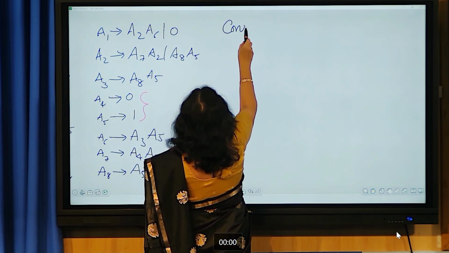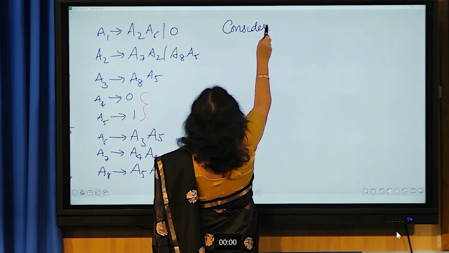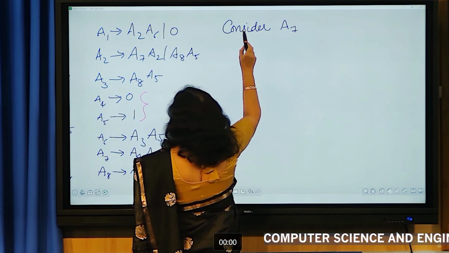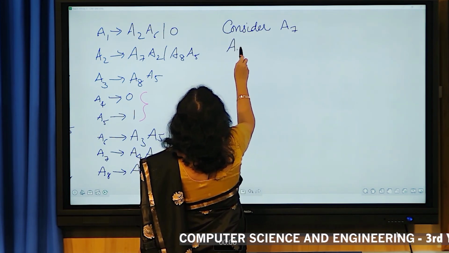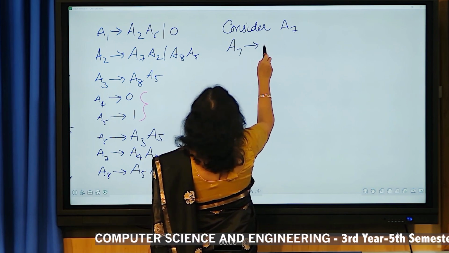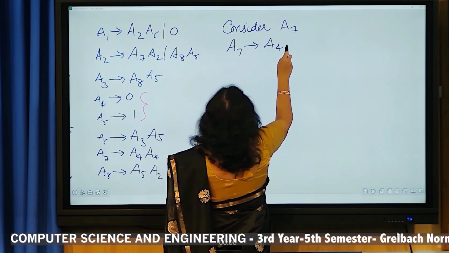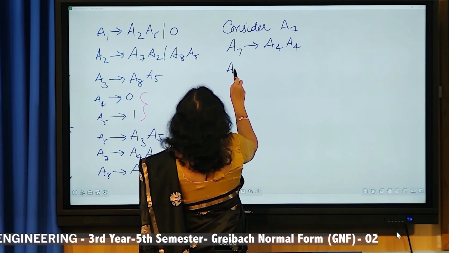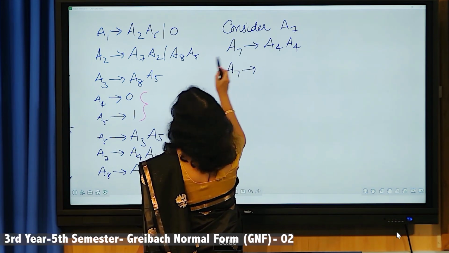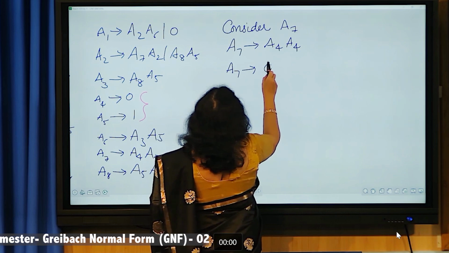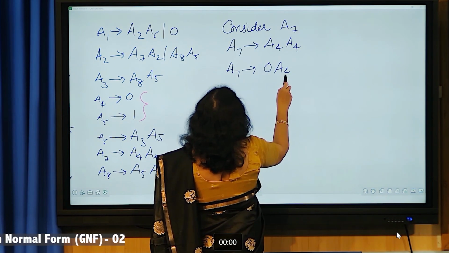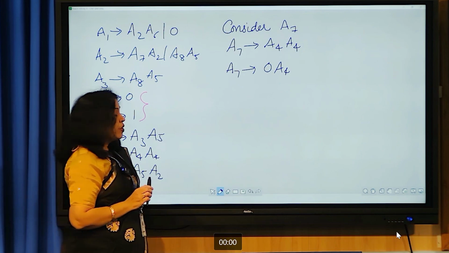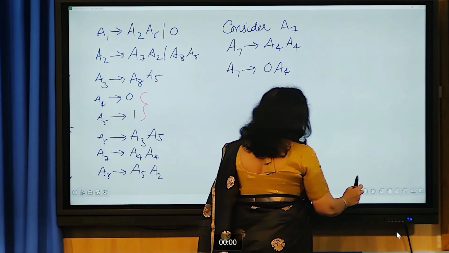So, I can consider A7. A7 is A4, A4. For A4 I can put the value: A7 produces 0, 0, A4. This A7 came in GNF because what does GNF say?